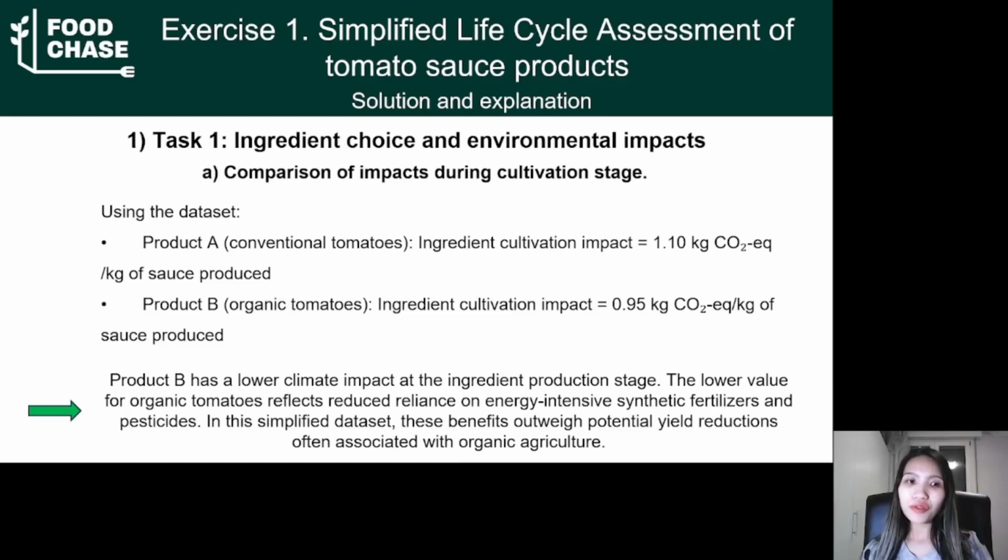The lower value for organic tomato reflects the reduced reliance on energy-intensive synthetic fertilizer and pesticides. From this data, we can see that the organic agriculture has benefits that outweigh the potential yield reduction.